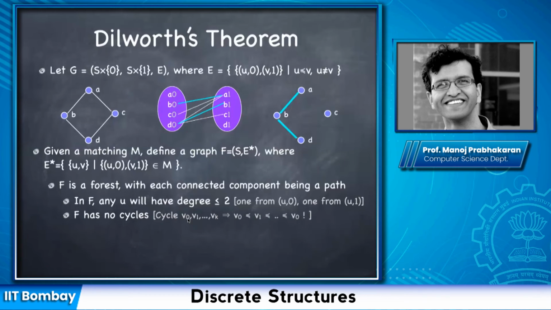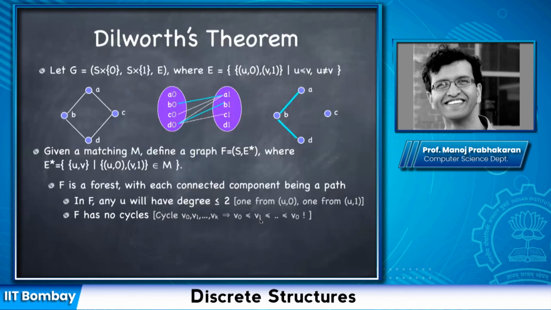So what if there was a cycle V0 up to Vk? From what we just argued, suppose you orient the cycle such that V0 is less than or equal to V1. I know that the edge between V1 and V2 cannot again be of the form V2 less than or equal to V1.